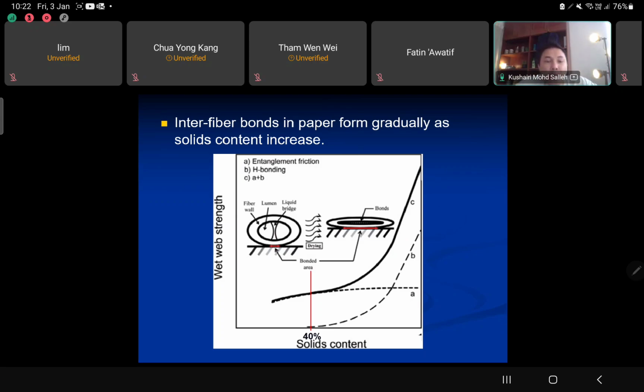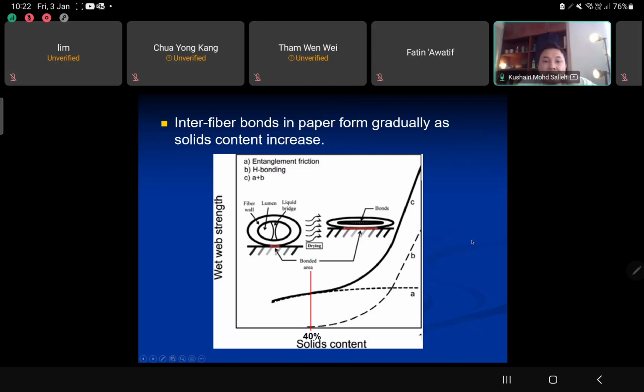So when we remove the water, as you can see on the left picture, we have the fiber wall and then we have the lumen, and then we have the liquid bridge. As we remove the water, the amount of water will be reduced, so the surface tension action will be increased.